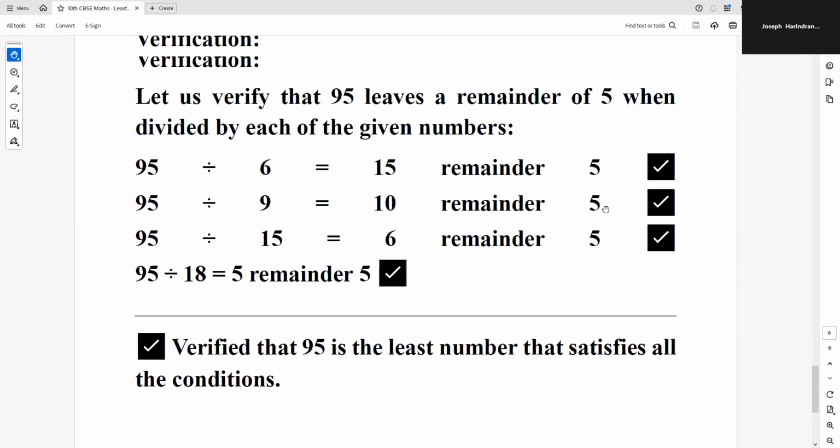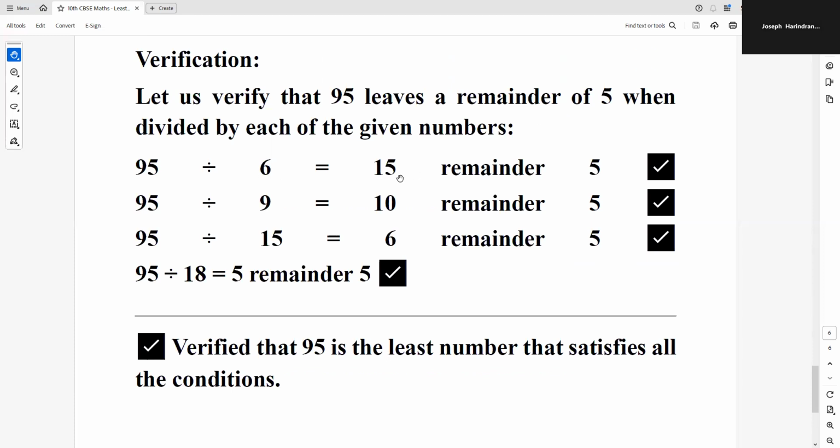To verify this, we have the verification process. You have to divide 95 by each number. So 95 divided by 6 first.